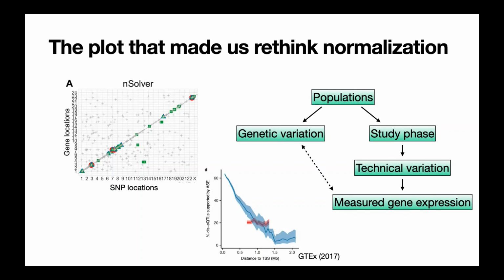So that induces this kind of false connection between genotypes and gene expression. That's what we think is happening when we see a false association between genotype and gene expression: there are these confounding relationships.